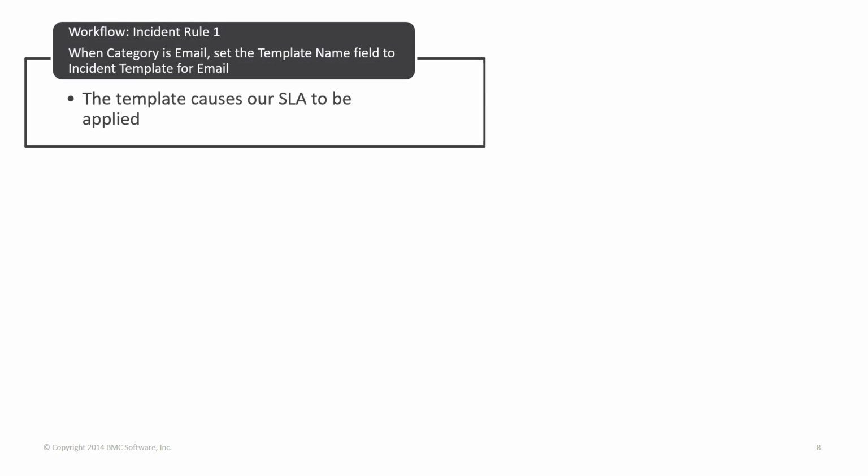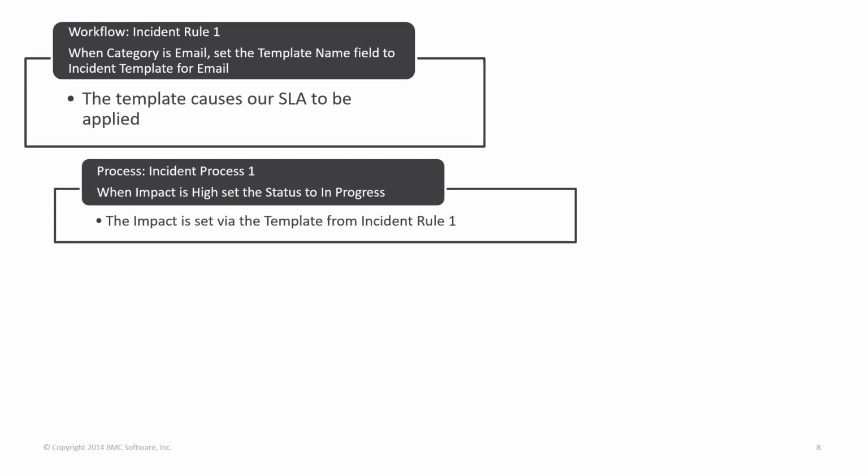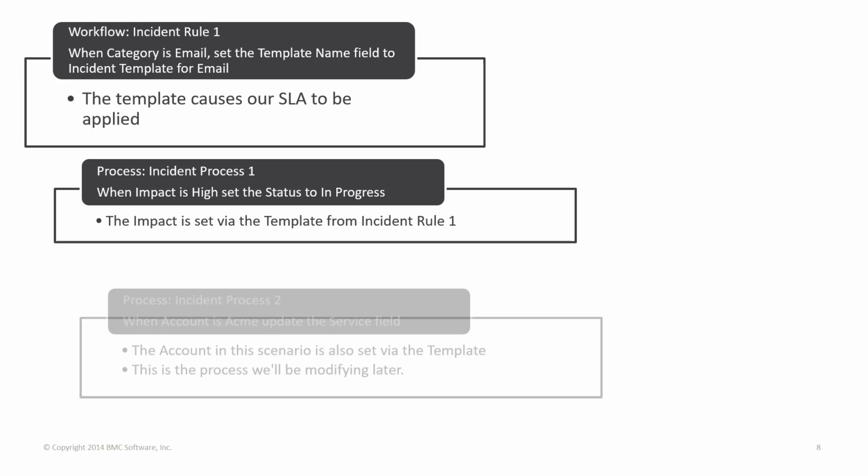To set this up, we have a service level agreement that is associated with the record when the impact and urgency are high. We also have a template that sets urgency, impact, description, and account. A record is created with a category of email, causing the workflow to fire and apply the template, which in turn updates the fields. Impact and urgency are high, so the first process fires and updates the record status to in progress.